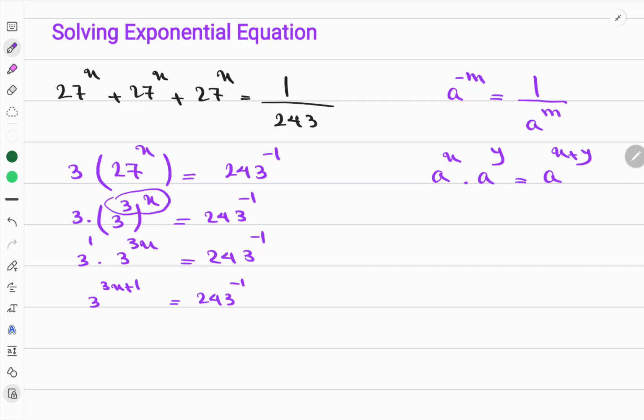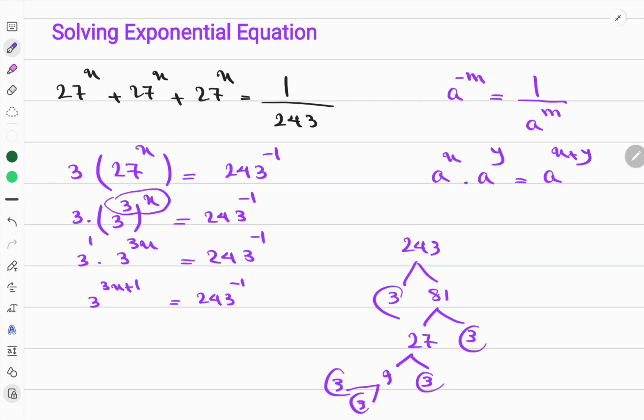Okay, so now it's time to rewrite 243 as an exponential number with the base 3. You can use the factor tree. 243 is 3 times 81. 81 is 27 times 3, 9 times 3, and 3 times 3.